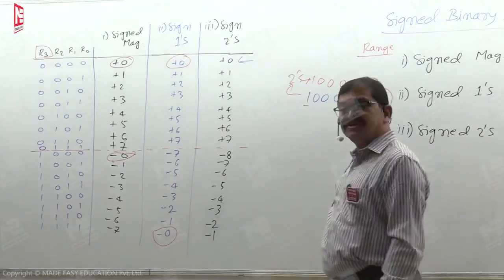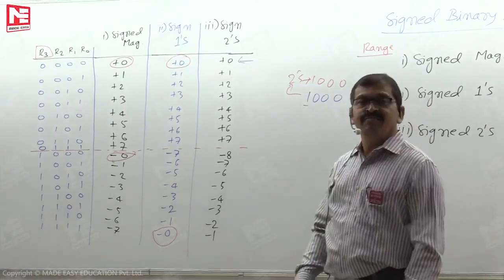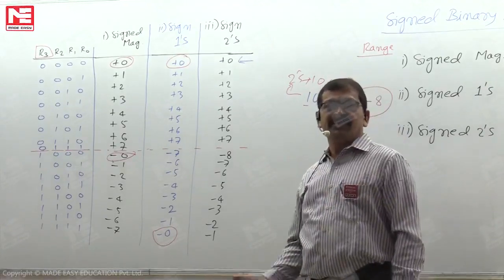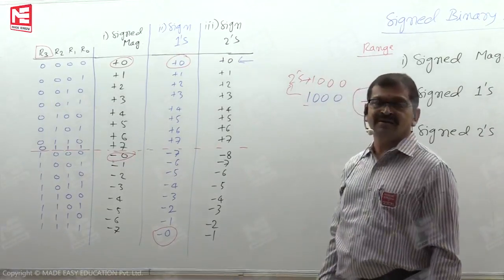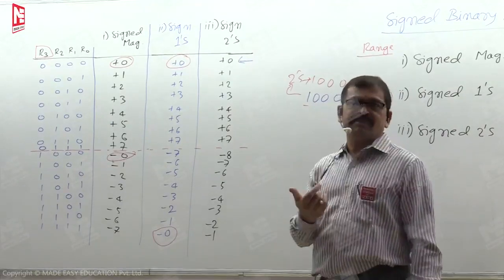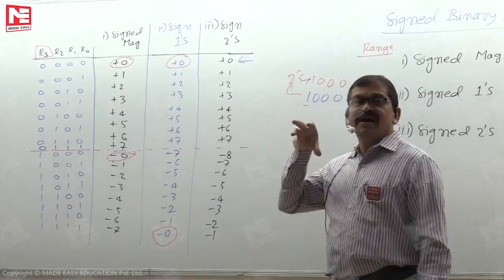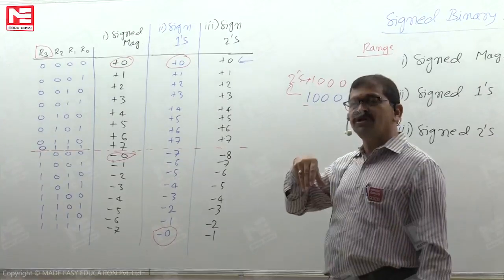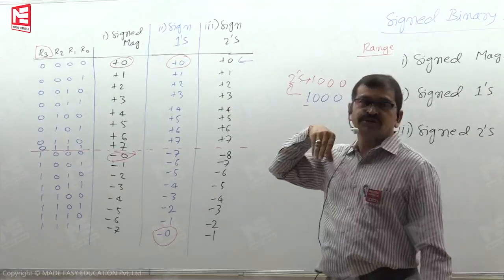It is one of the reasons why, wherever we need complements, particularly, as I said in the introduction part, for subtraction, we use only the sign 2's complement notation.